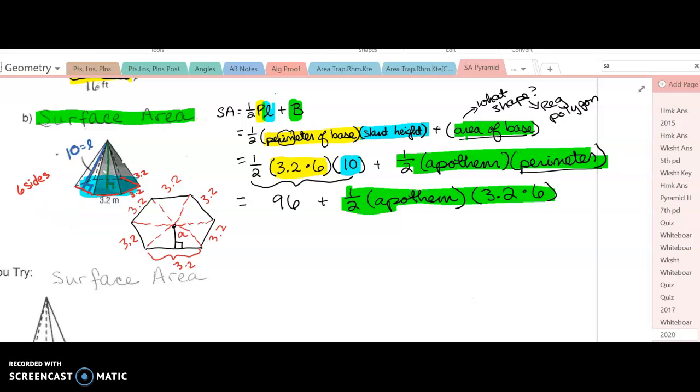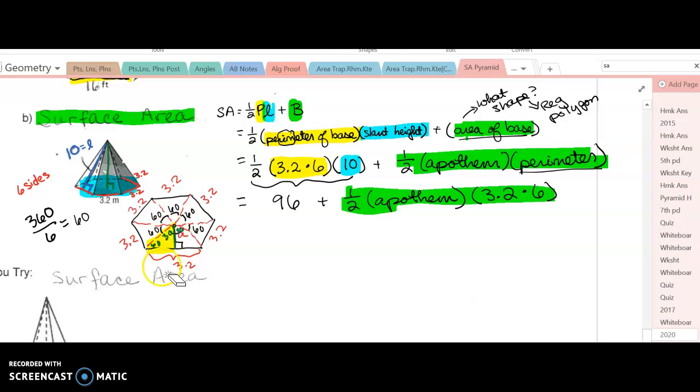So we know that all of these angles combined in the middle add up to 360 degrees. So if we take that and divide it by 6 central angles, each one will be 60 degrees. So then that apothem going down the middle of that 60-degree angle is going to split that into 30 and 30. So now I have a 30, 60, 90 triangle.